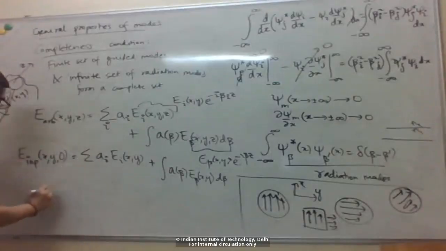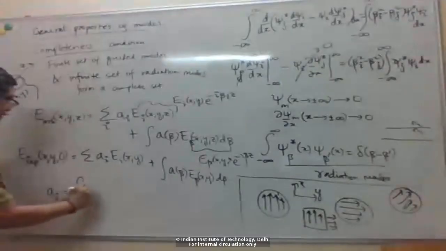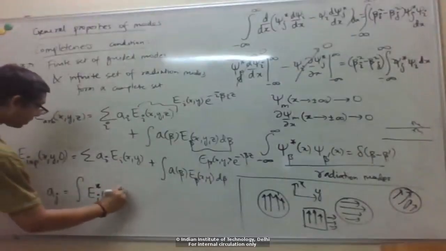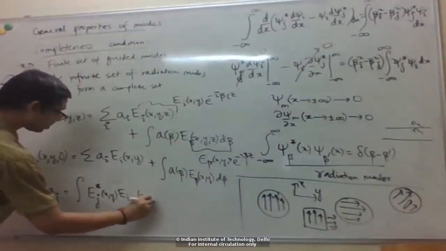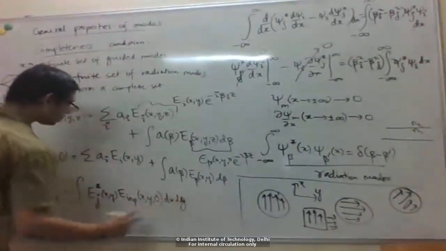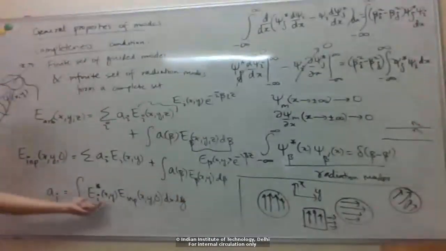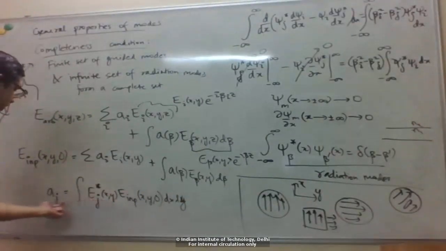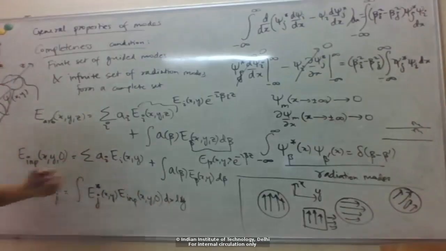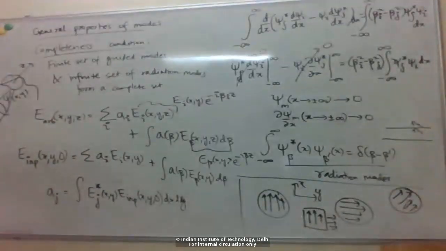You multiply the mode profile of the jth mode with my input field profile and integrate, and you get the coefficient, because that's the only thing that will remain. Everything else will integrate to 0.